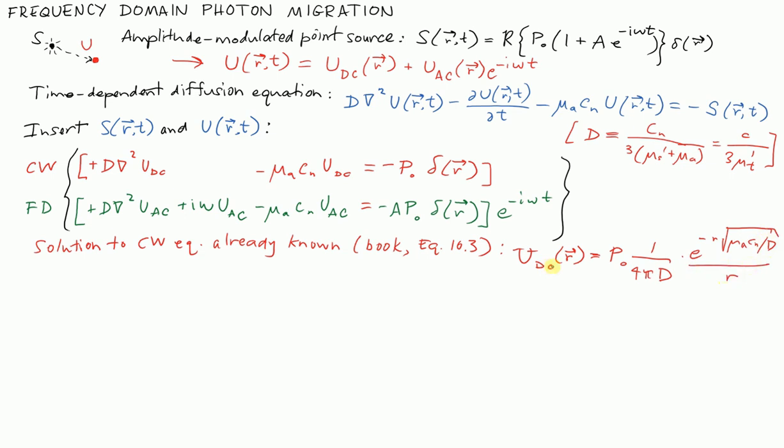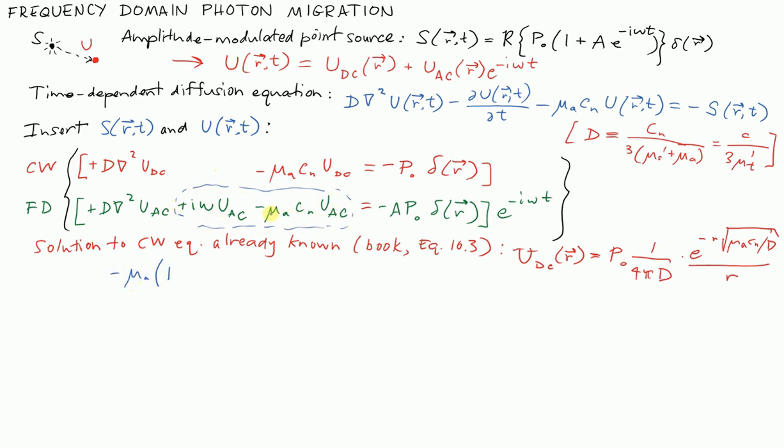The powerful thing here is that the solution to the frequency domain equation is almost the same form as the CW expression. It's got the same delta function, all these other terms are parallel, only this term is different. So now we're going to play a little trick, a mathematical trick. We're going to take these two terms, which both have u AC in them, and we're going to notice that we can write those two terms together as minus mu a times 1.